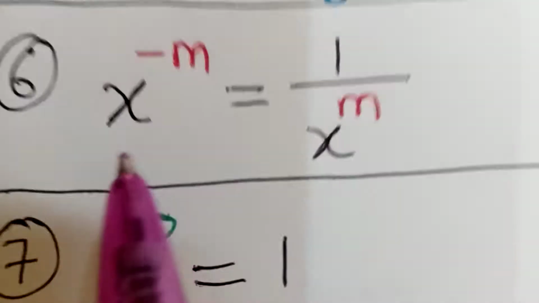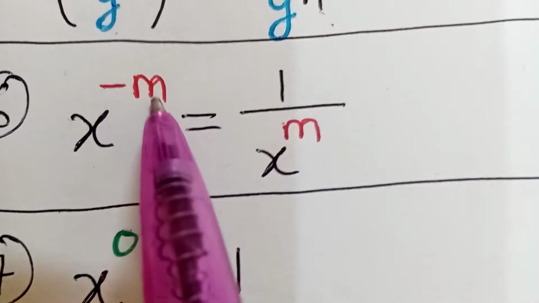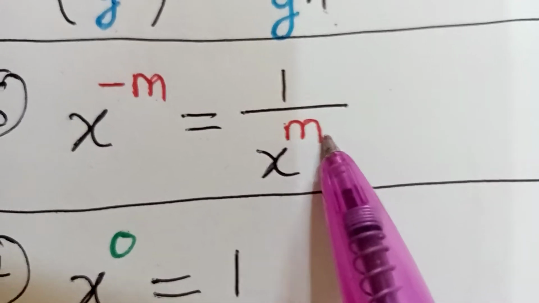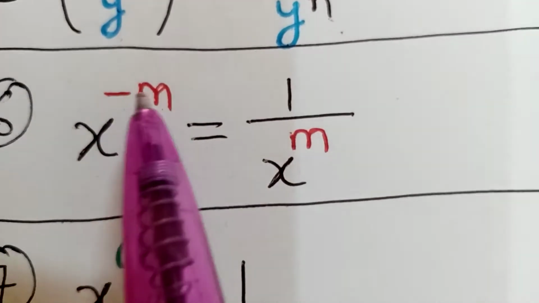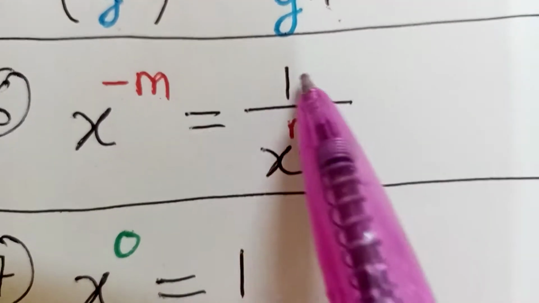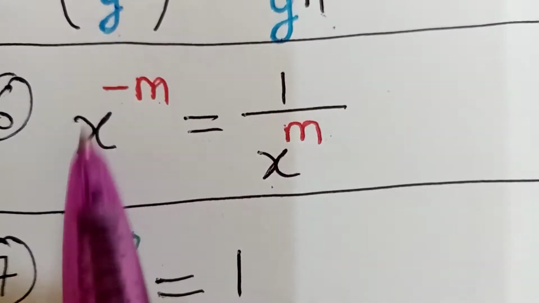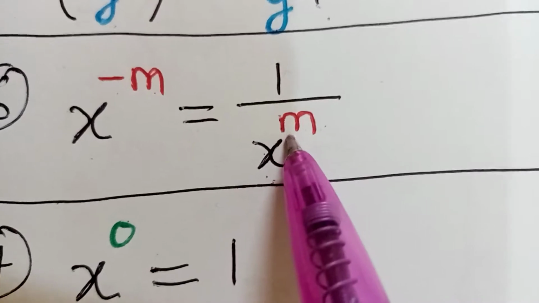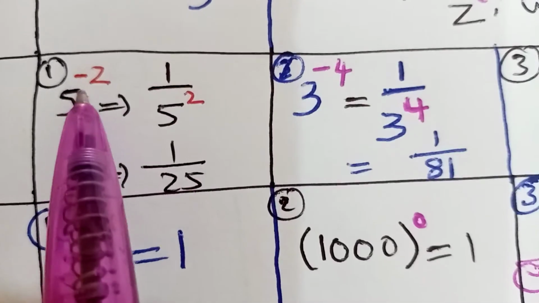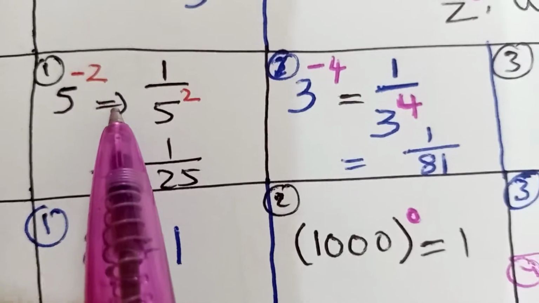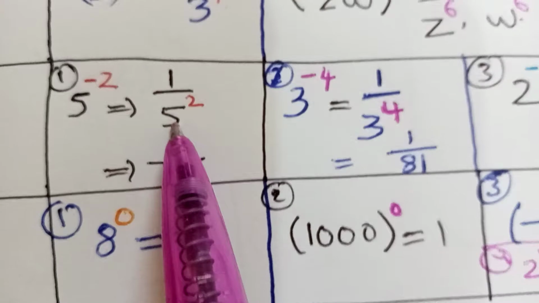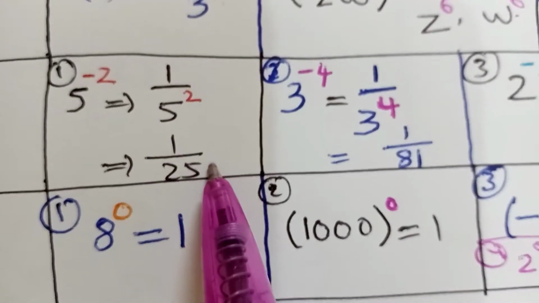Next, negative power: x to the power of minus m is equal to 1 by x to the power of m. So if a power is in negative form, it becomes 1 by the positive power. Let us go for an example. 5 power of minus 2 implies 1 by 5 power of plus 2. 5 power 2, 5 5s are 25.